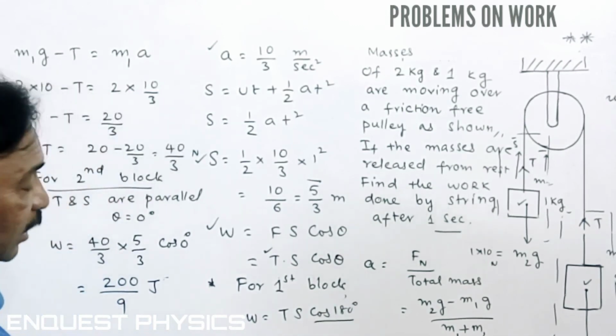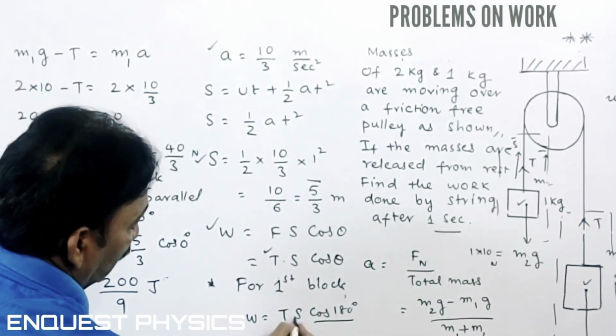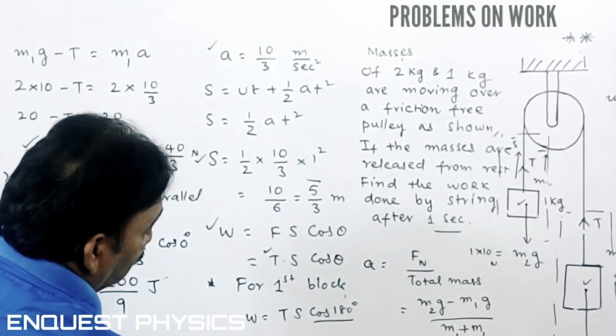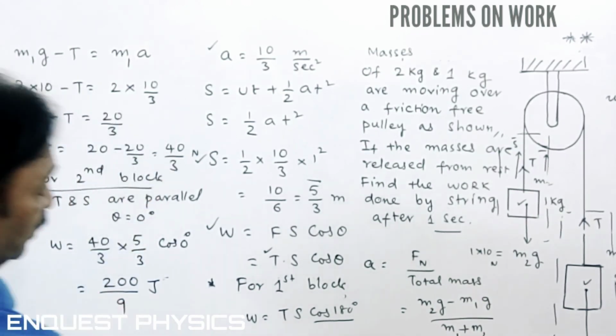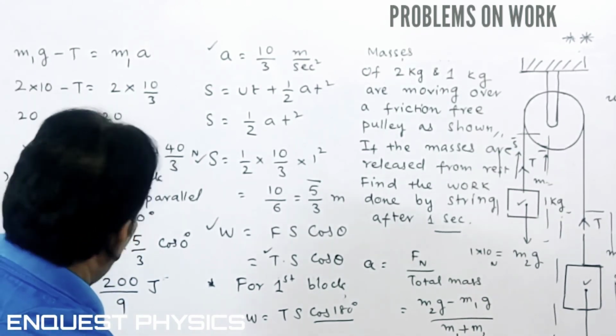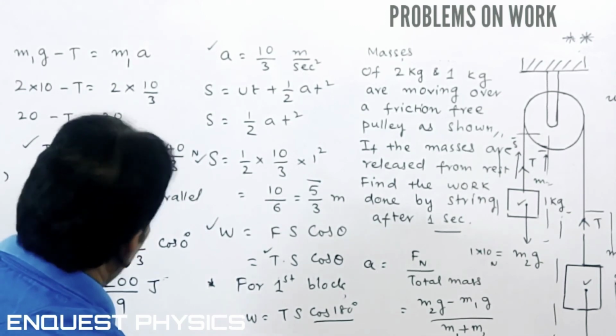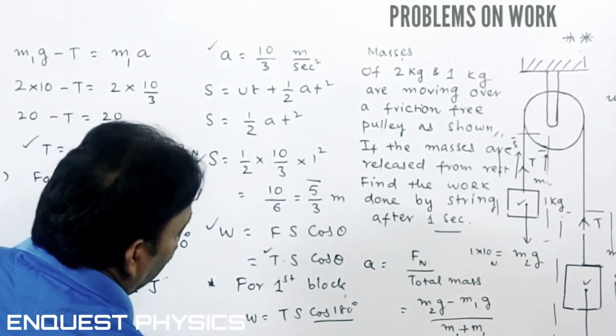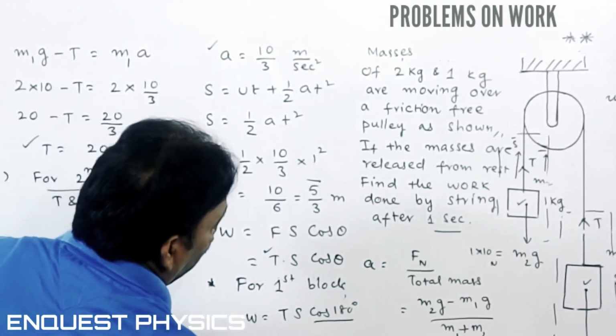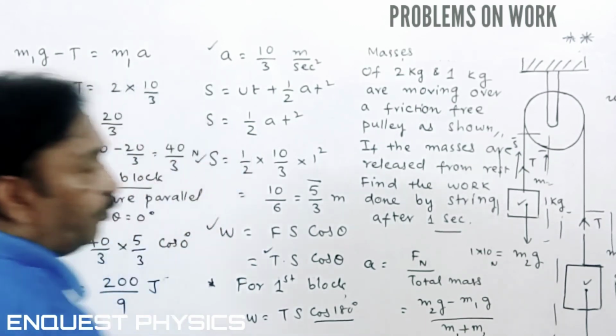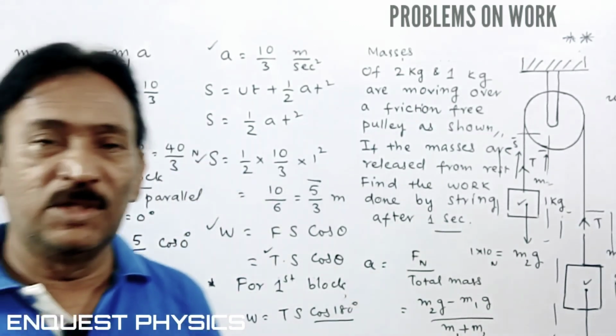Since cos 180 is equal to minus 1, work done is equal to minus Ts. We yield the same result, that is minus of 40 by 3 into 5 by 3. It is 200 by 9 joule. I hope you understood this problem, students.